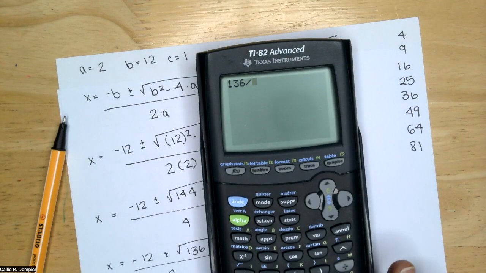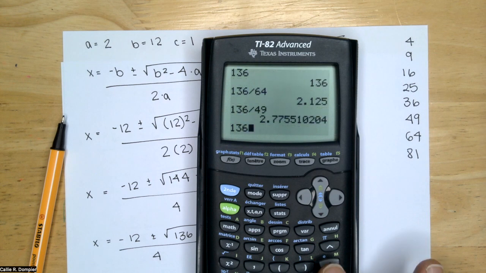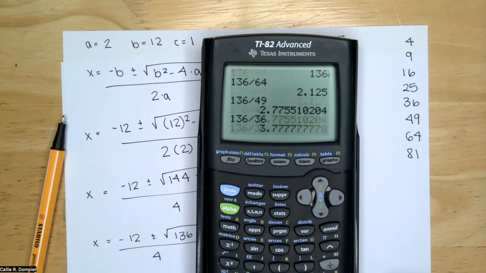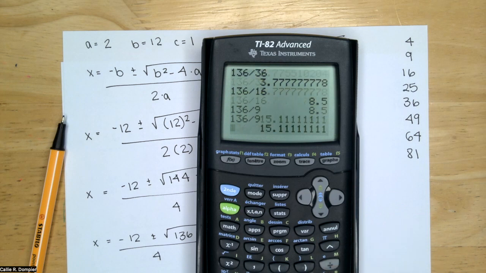So 136 divided by 81, 136 divided by 64, 49, 36, no. 25, no. 16, close. 9, 4.